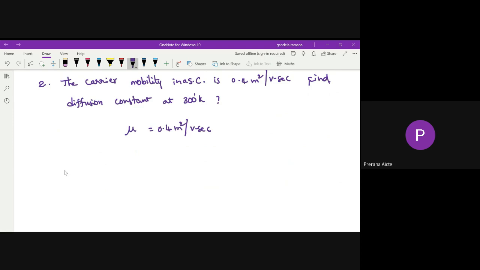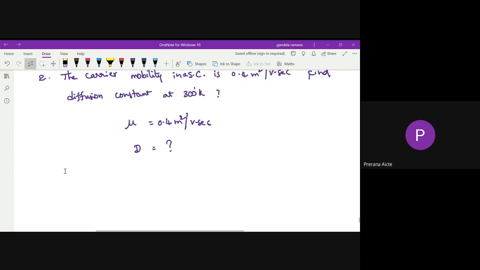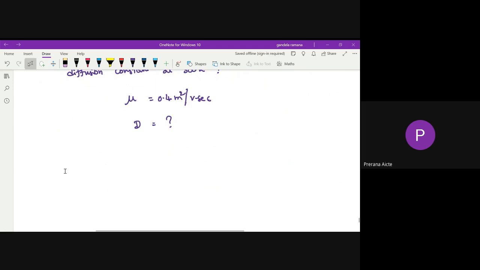Here we don't know whether the semiconductor is N type or P type. According to the Einstein relationship, D by mu is equal to Vt.